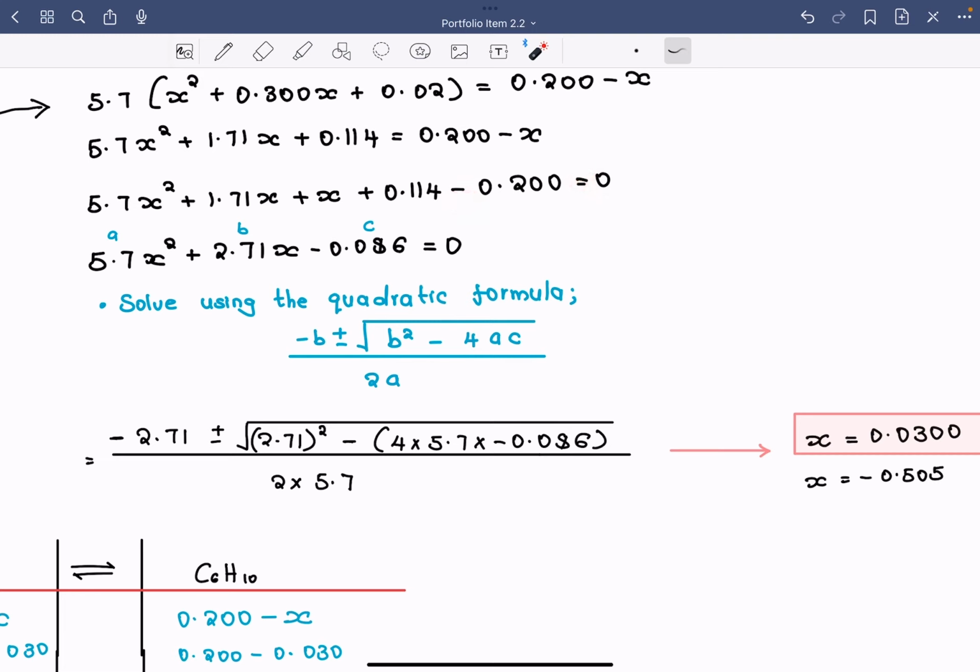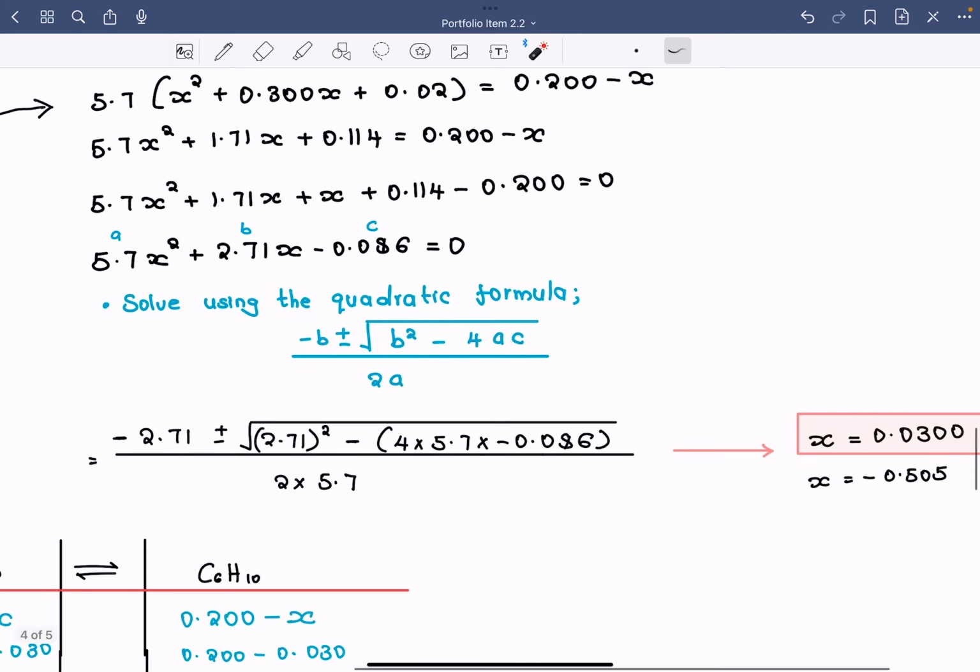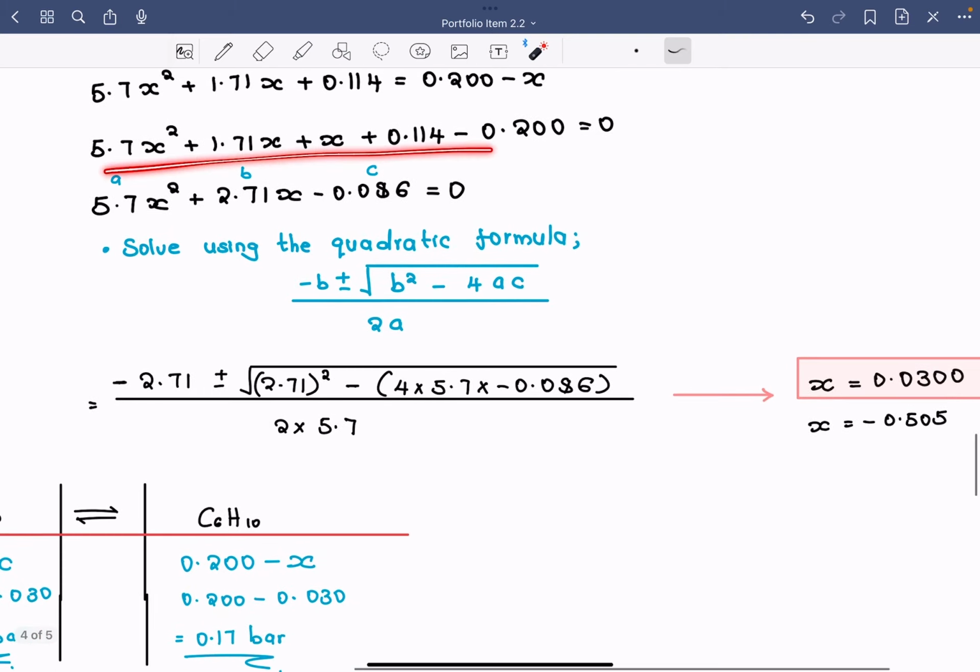And when we solve this equation, we'll use the quadratic formula. Combining all of this, putting the like terms together, adding what needs to be added and subtracting what needs to be subtracted, I got 5.7X squared plus 2.71X minus 0.086 equals 0.